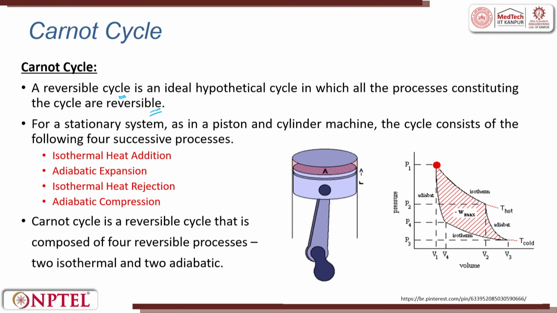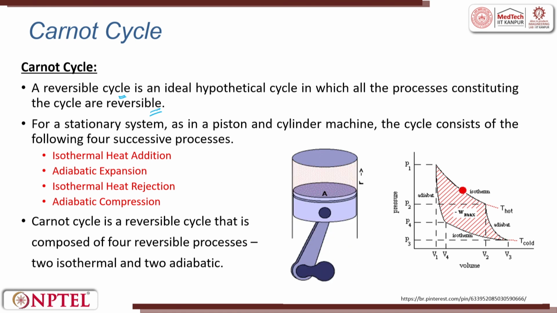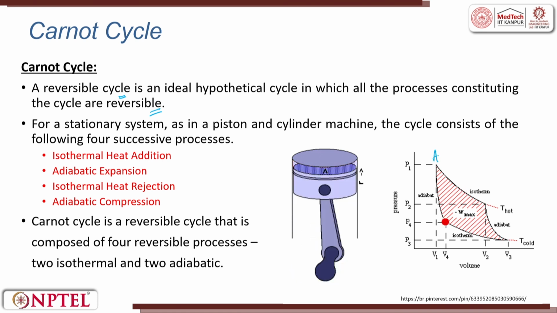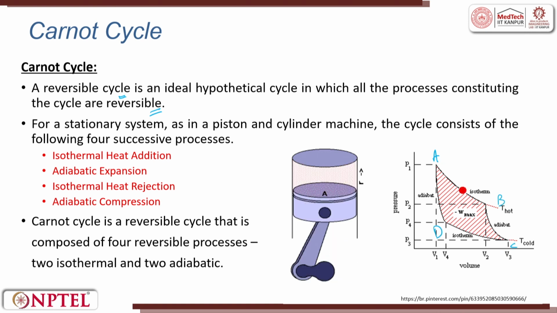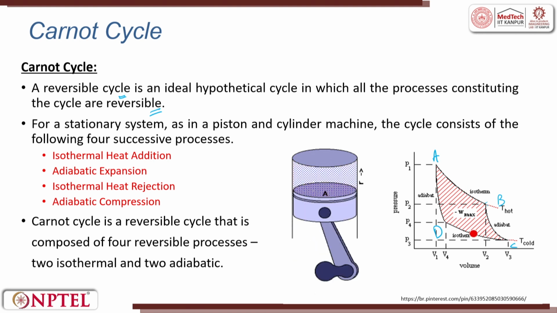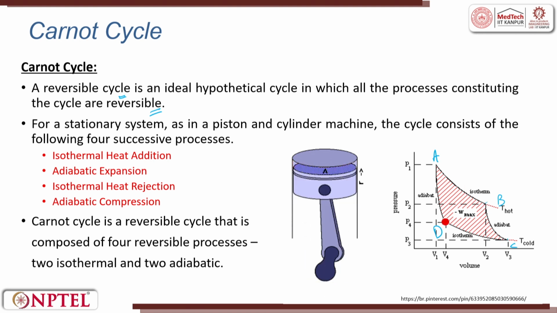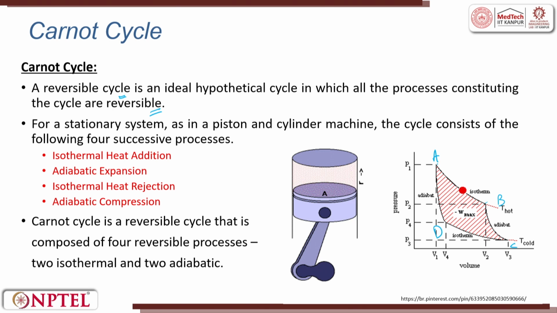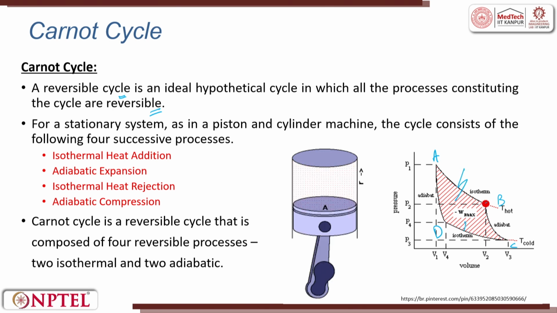So, when we draw a PV diagram, we will see A, B, C and D, AB, BC, CD, DA. AB is isothermal, BC is adiabatic, CD is isothermal and DA is adiabatic. So, here there is heat in, here there is heat out, right.